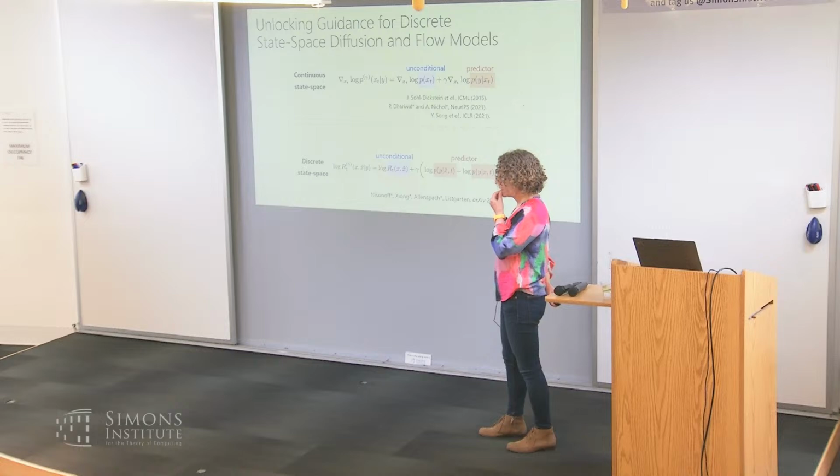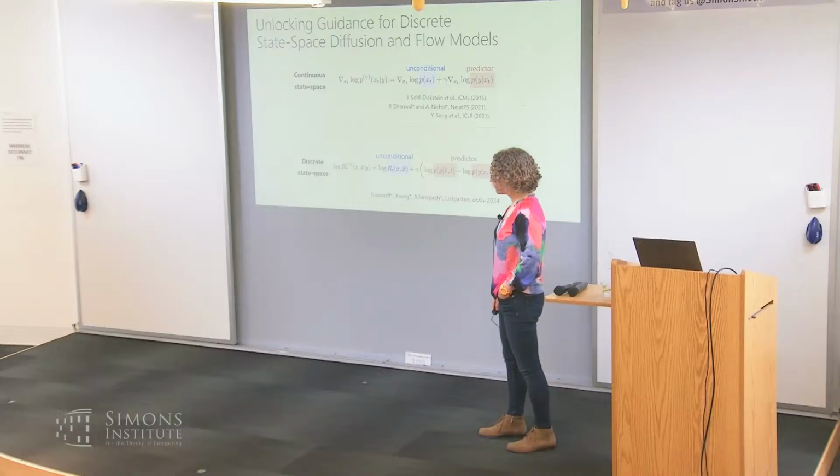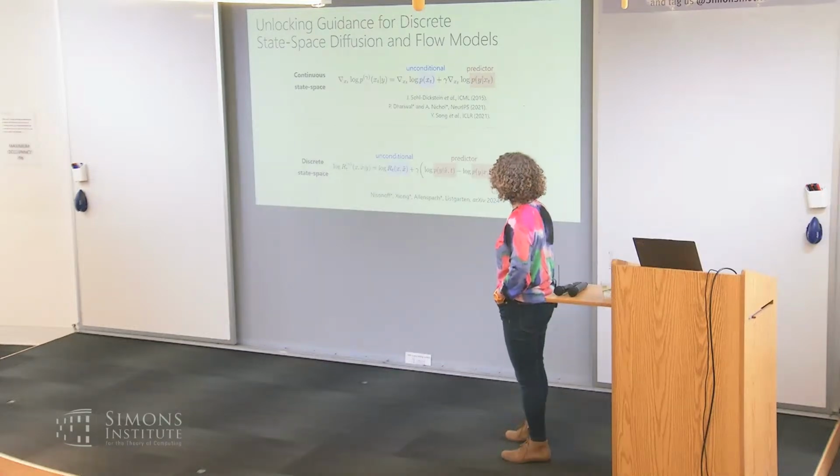But what you do is construct a tilted rate matrix, which is the dynamics closest to your original rate matrix that realizes some rare value of the observable. It's called a Doob transform. It's like statistical conditioning essentially.